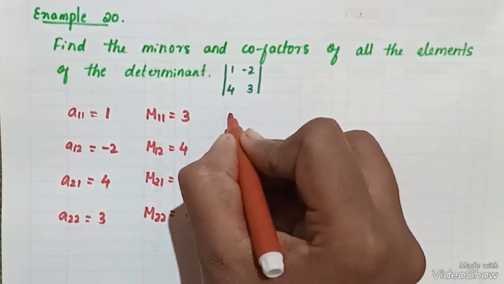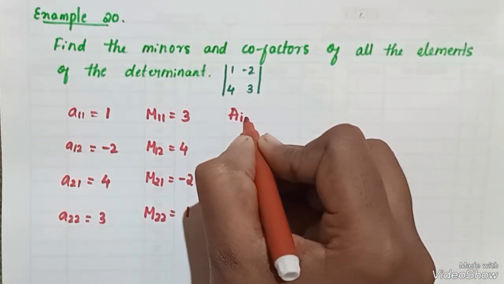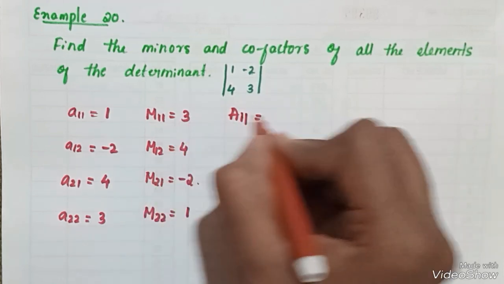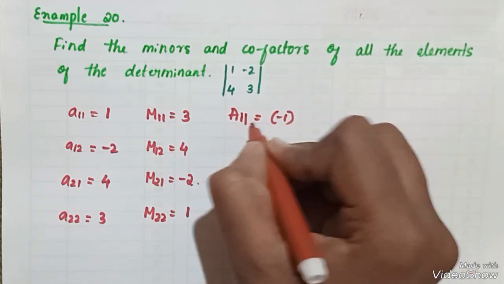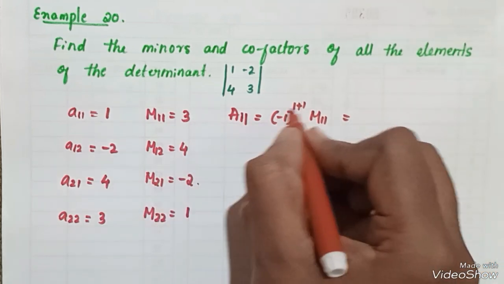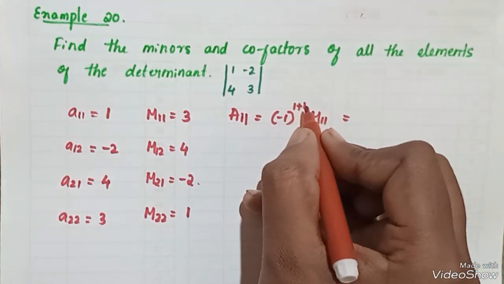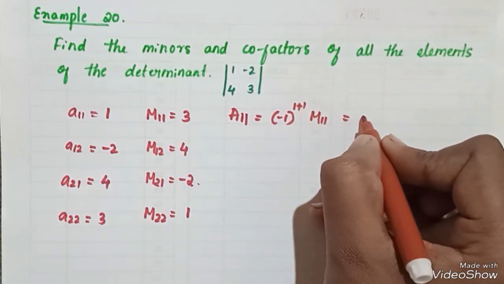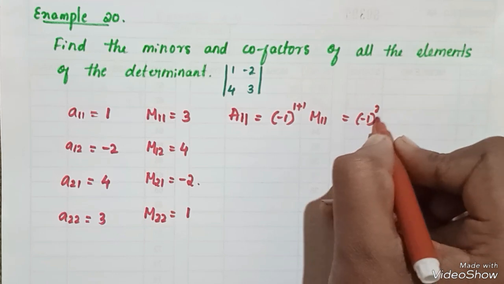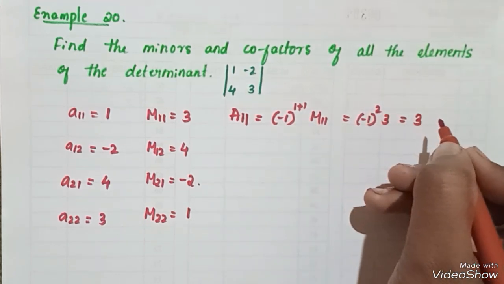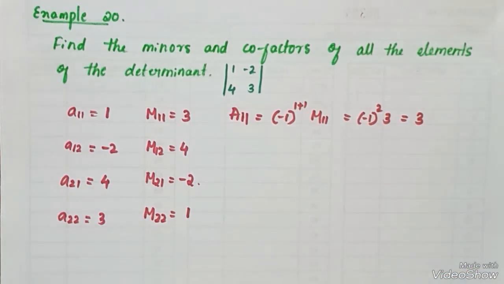Now finding the cofactors. Cofactor is usually denoted by Aij. For the element a11, it is minus 1 to the power 1 plus 1 into M11. Minus 1 squared is plus 1, into 3, so the cofactor of a11 is 3.